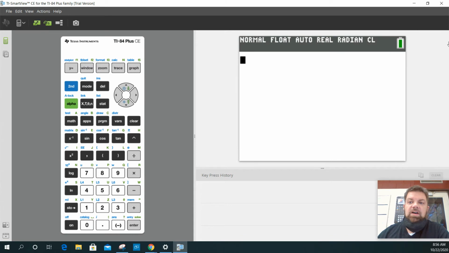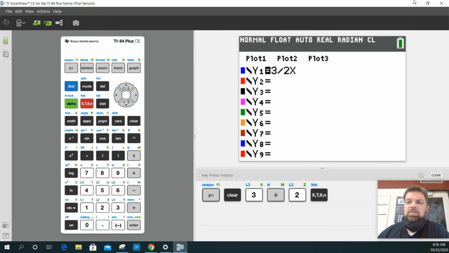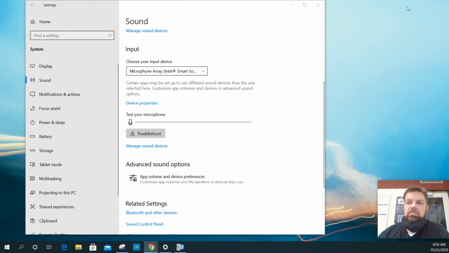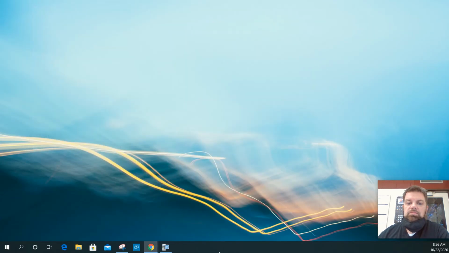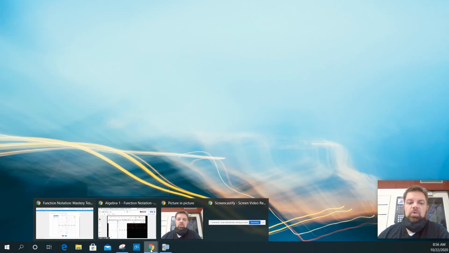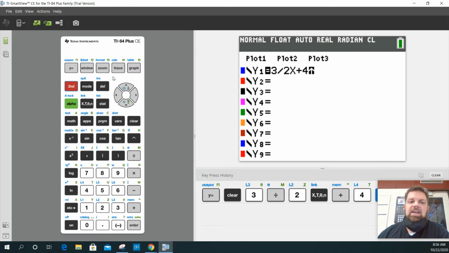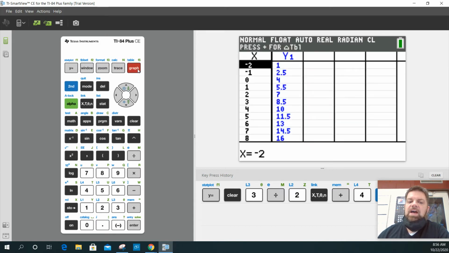I made this a little bigger because I'm going to say y equals 3 divided by 2 times x, and what was the rest of that? Plus 4, right? So plus 4.